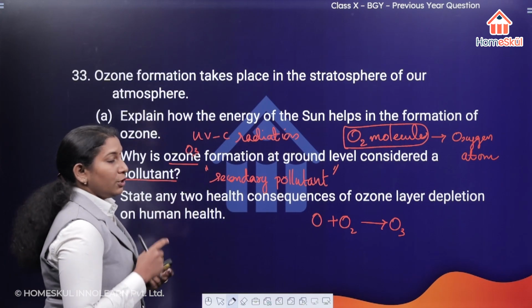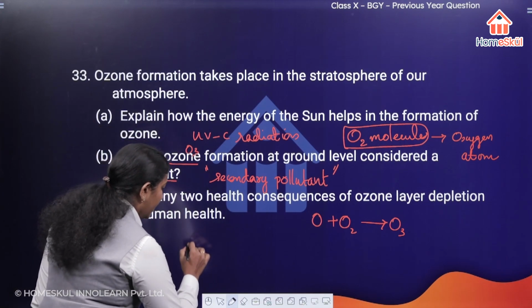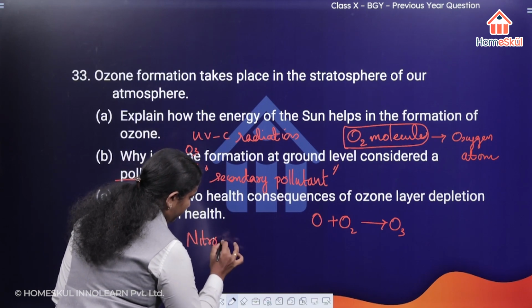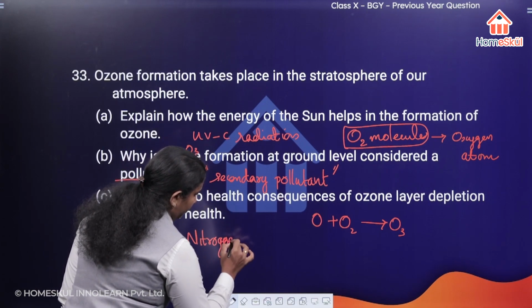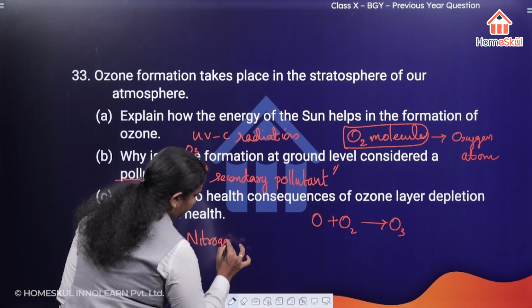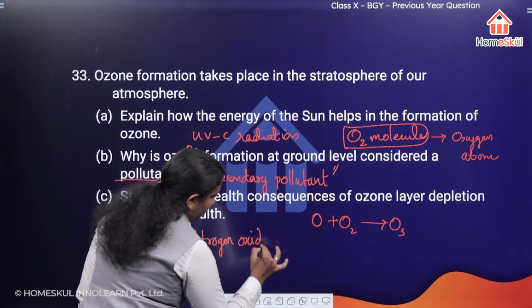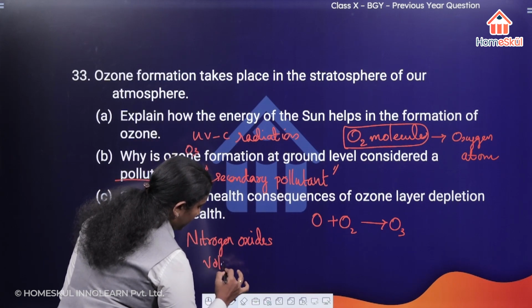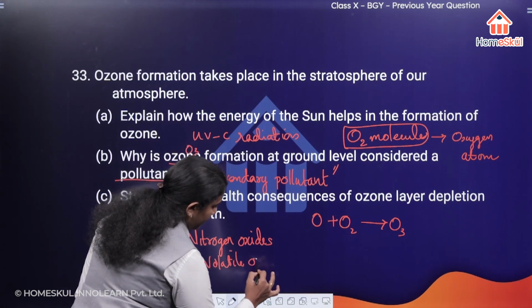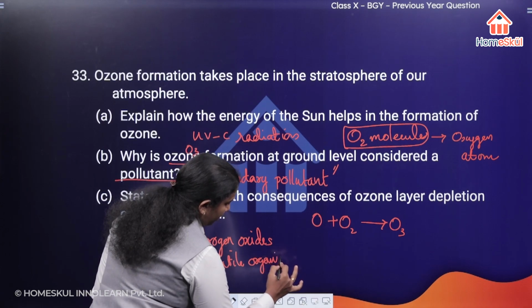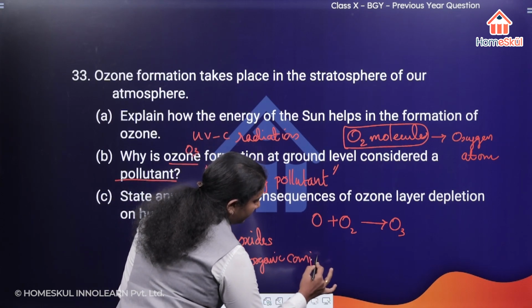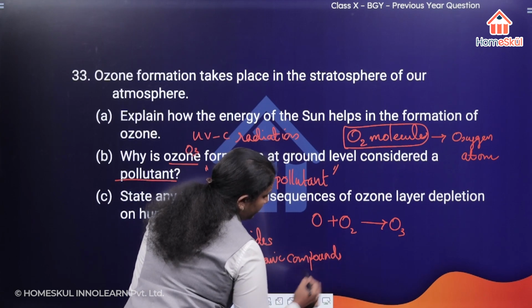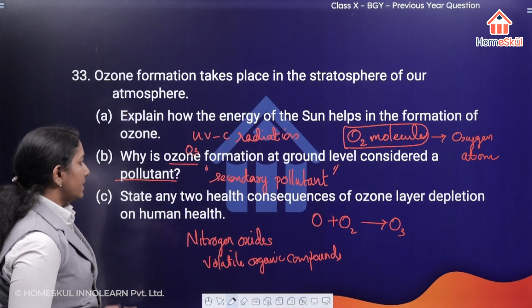The two primary pollutants are nitrogen oxides and volatile organic compounds. These are the two primary pollutants. So that is the answer.